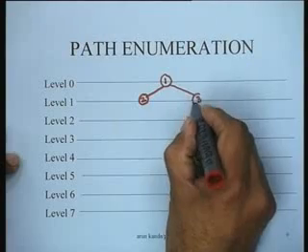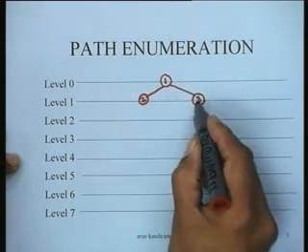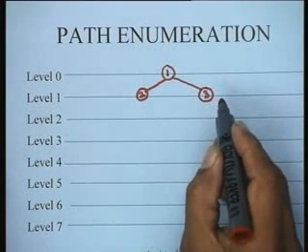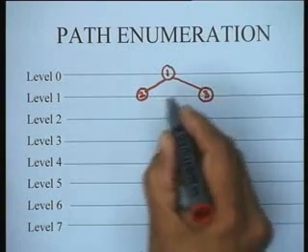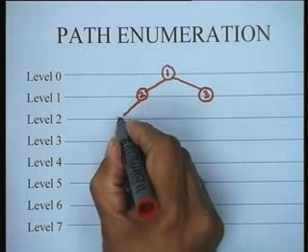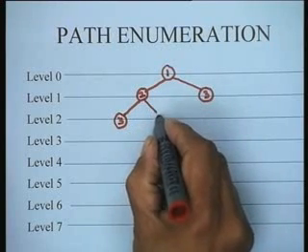So from 1 I can go to either 2 or 3. When you look at the network, from 2 you can go either to 3 or to 5. From 2 I could go either to 3 like this, or to 5 like this.